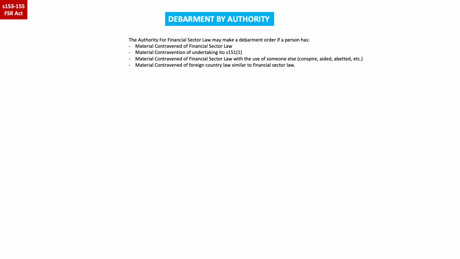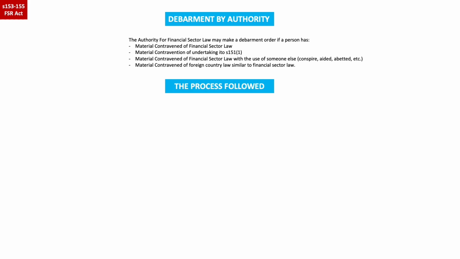The authority for financial sector law may make a debarment order if a person has materially contravened the financial sector law, materially contravened an undertaking in terms of Section 151, subsection 1, materially contravened the financial sector law with the use of someone else, such as conspiring or aiding and abetting, or materially contravened a foreign country law similar to the financial sector law.